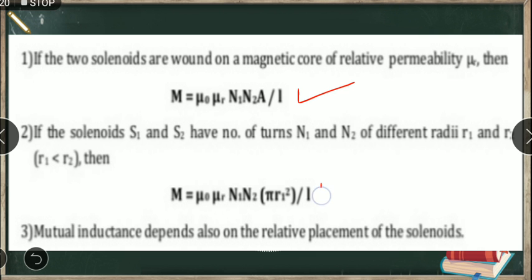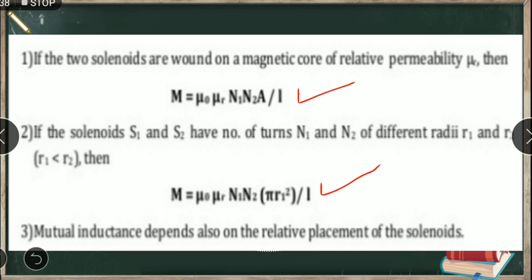In that case use this formula: capital M is equal to mu naught mu r n1 n2 pi r1 square divided by L.